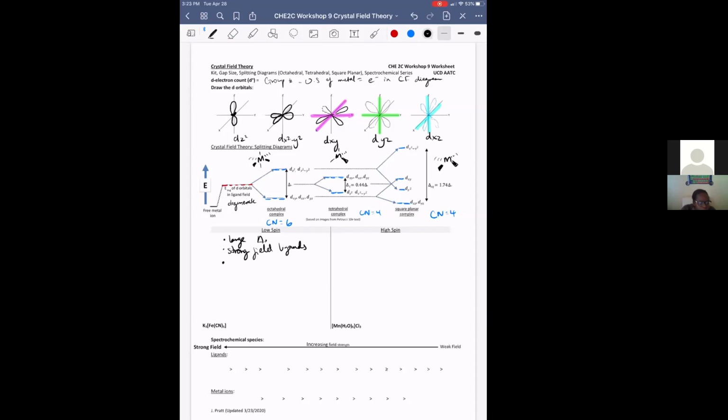For our low spin, we'll also have the minimum number of unpaired electrons. And then also, generally our low spin complex will be diamagnetic. And if it's diamagnetic, we're just saying that all electrons are paired.